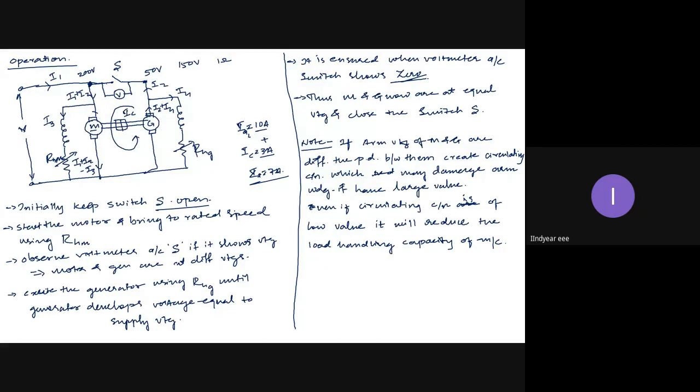Now I have to load these two because this is a full load operation. How to load this? I am not adding any external load to it. The machines are loaded by varying the field rheostats of both the machines.